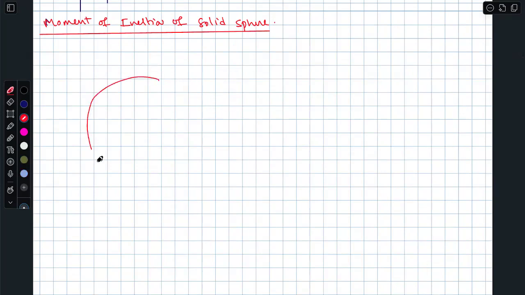Now you have a solid sphere like this, whose moment of inertia is like this.